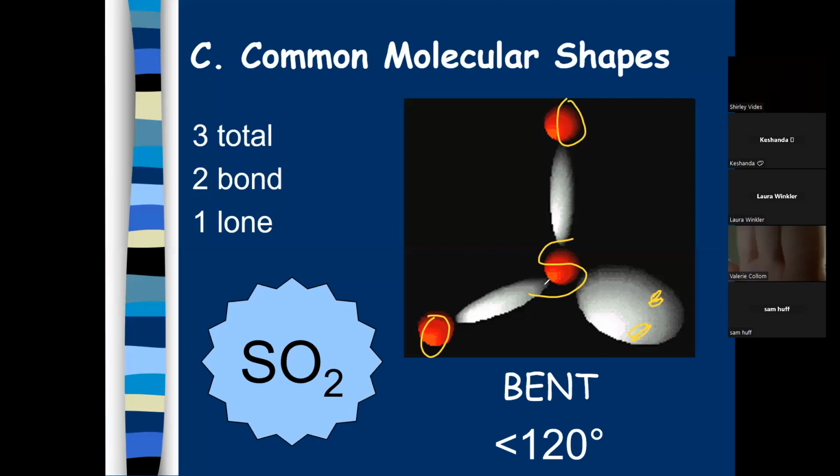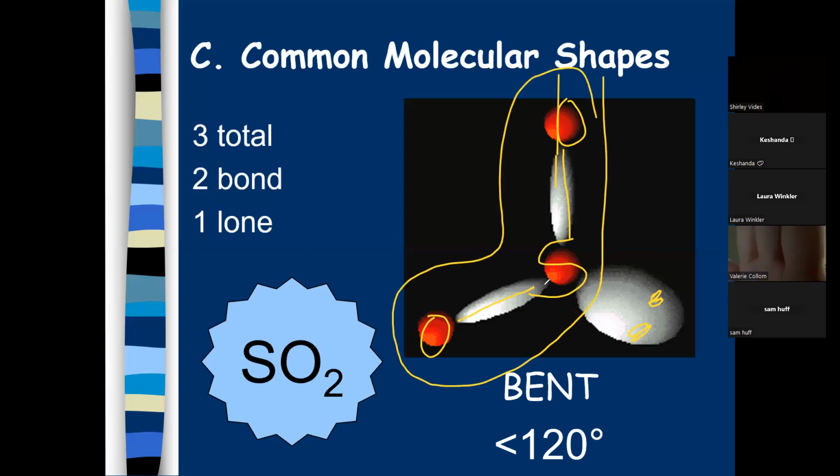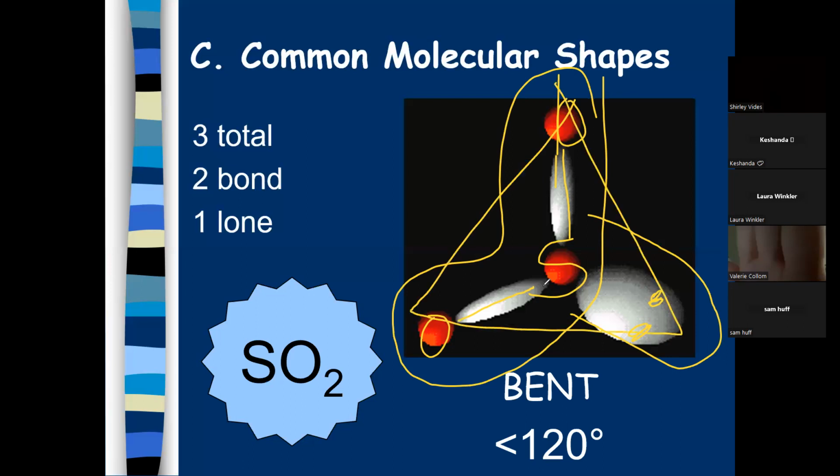But one of them is a lone pair. So all you really are looking at as a molecular shape now is this part. And doesn't it look bent? But the original shape is that trigonal planar, which looks like a triangle itself, you see? Okay, so that's what I want you to see, because there is a distinction.